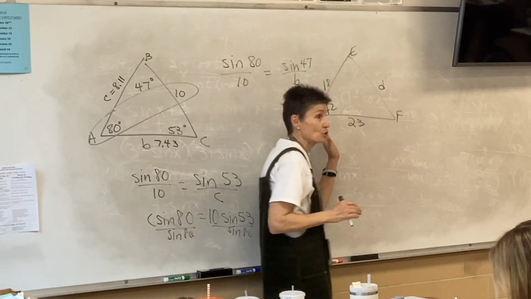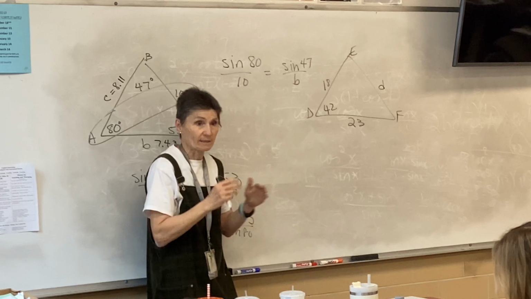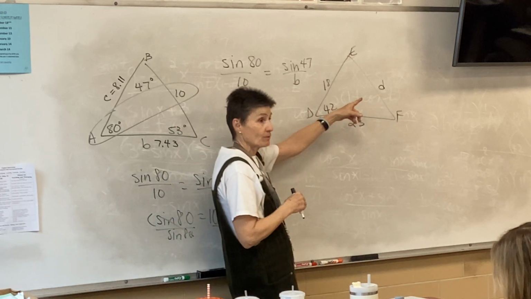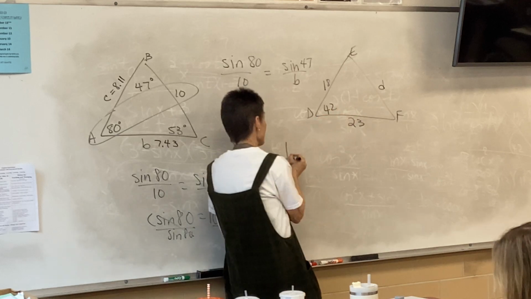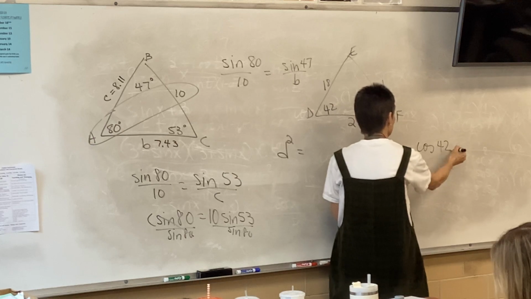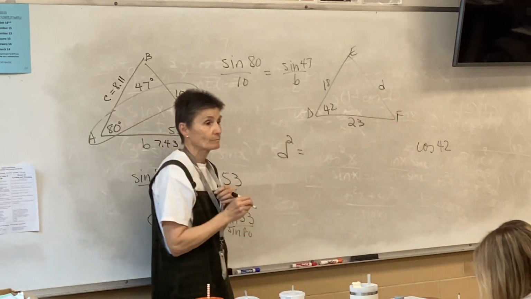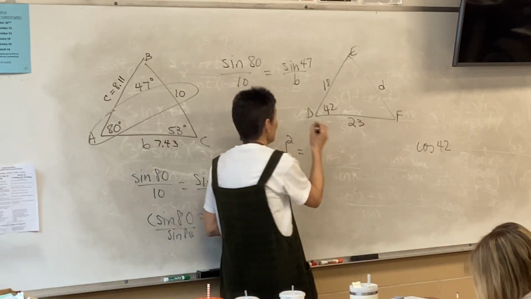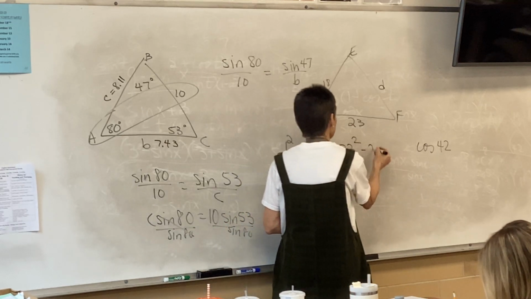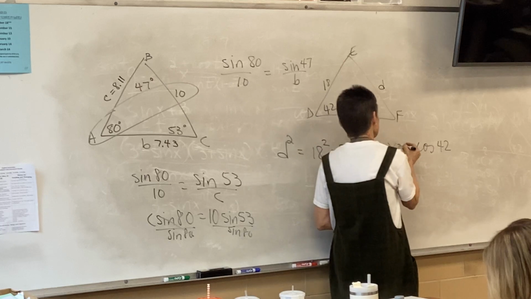And actually, it's just like the one that was on your quiz, at least the first part of it is, because aren't we solving for D? So over here is going to be D squared, and out here is going to be cosine 42. And then in the middle is going to be my 18 squared and my 23 squared minus my 2, 18, 23.